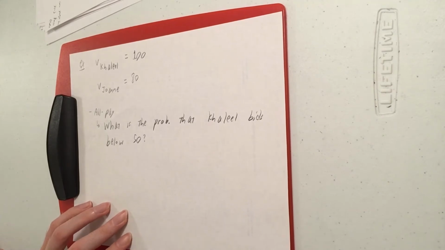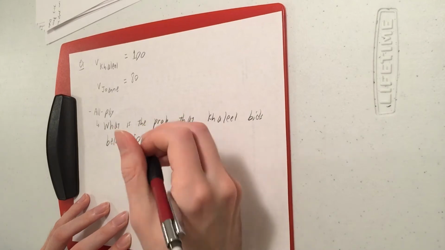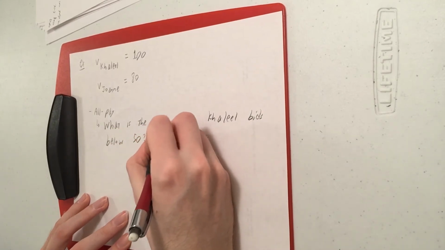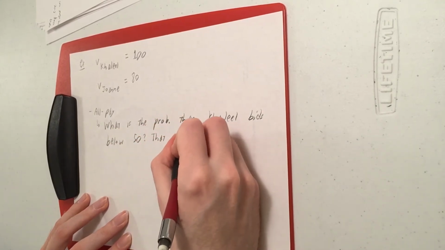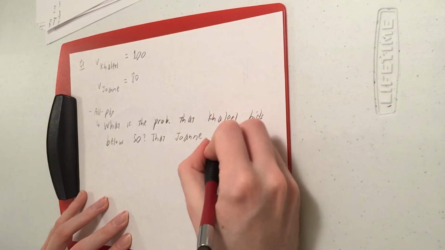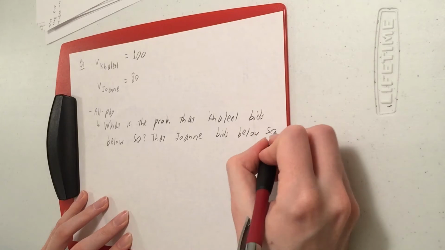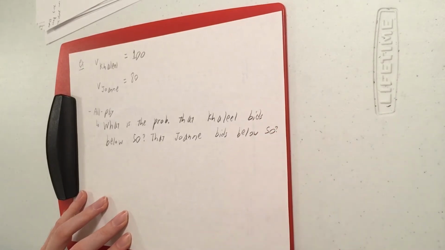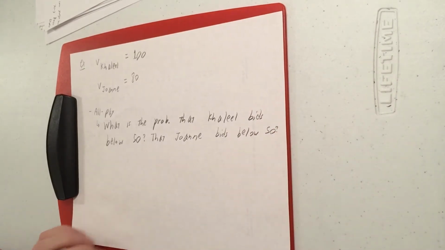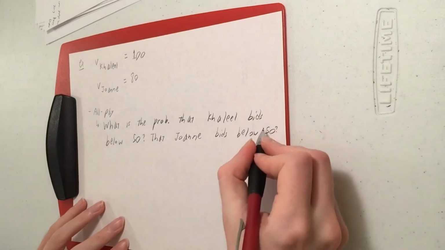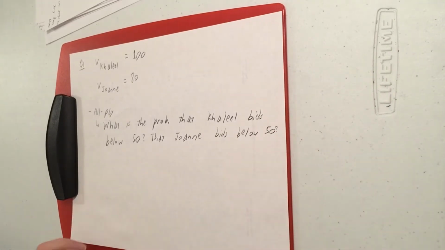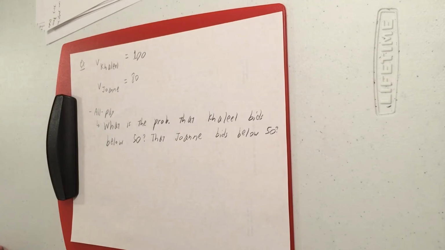How likely is it that she bids below 50? All right, how do we tackle this one?